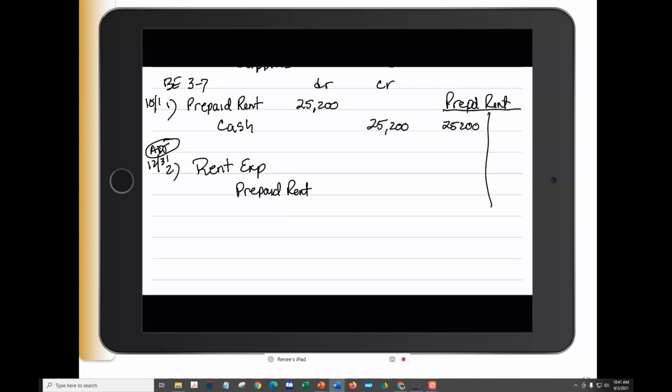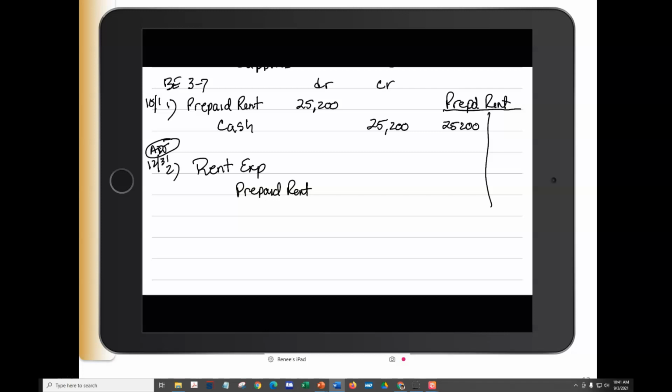The question is, how much have we used? It said it was $2,100 a month, so $25,200 divided by 12 months is $2,100 a month. How many months have they used between October 1st and December 31st? Now be careful here.